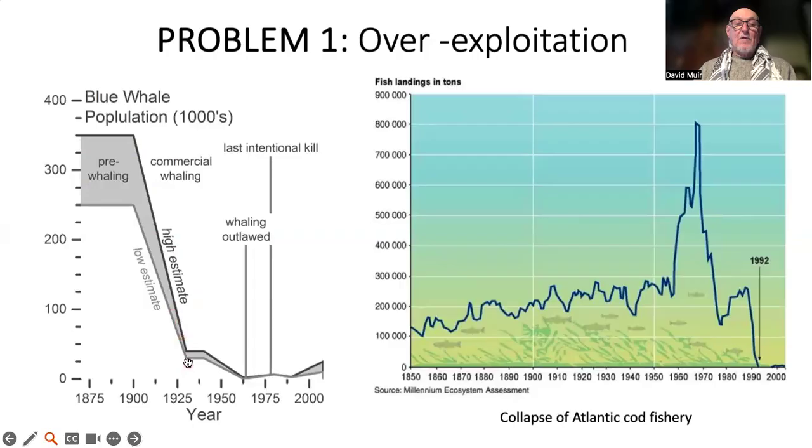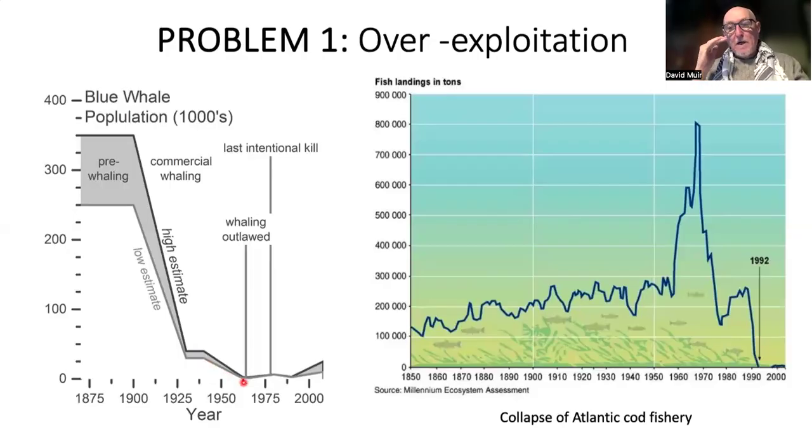They brought it right down into the thousands. They didn't stop whaling. There was a time when they began to move to other whale species and gave the blue whales a bit of a break, but then recommenced the blue whale fishery and brought it almost to extinction.